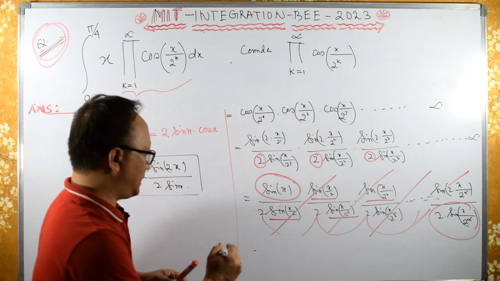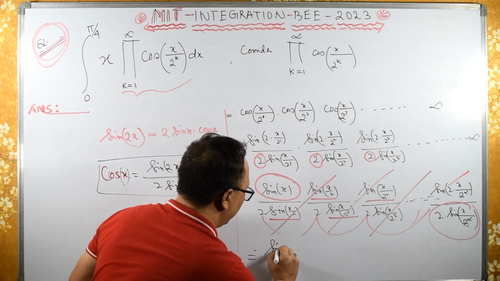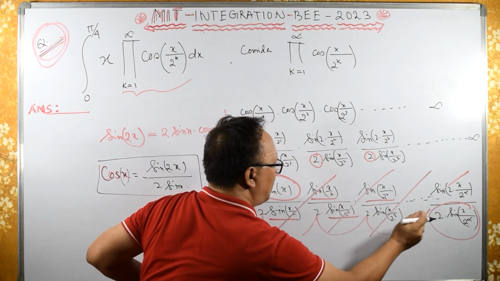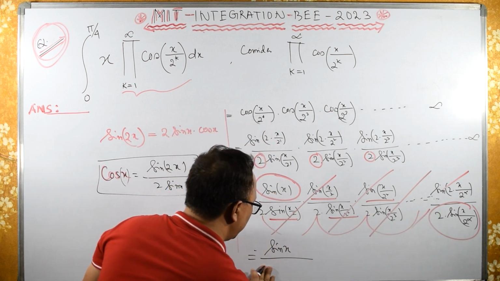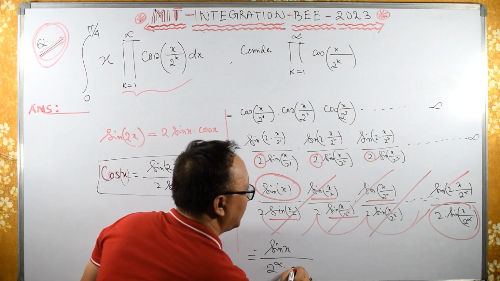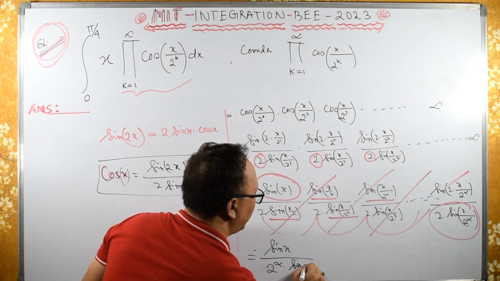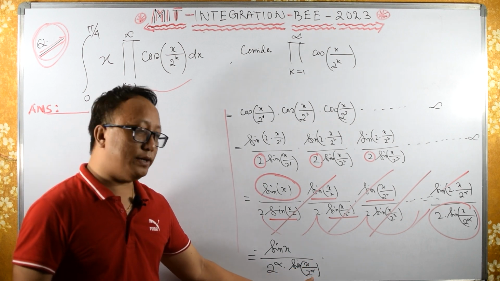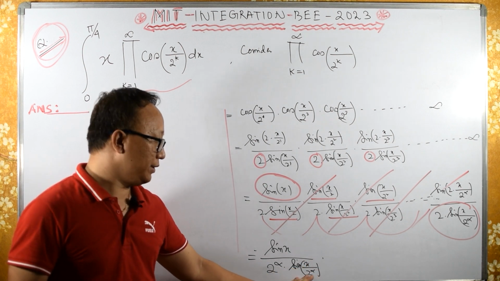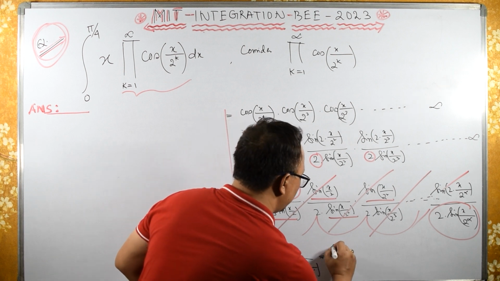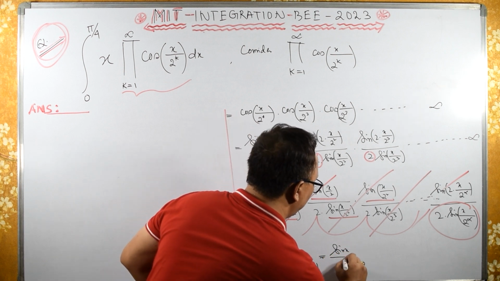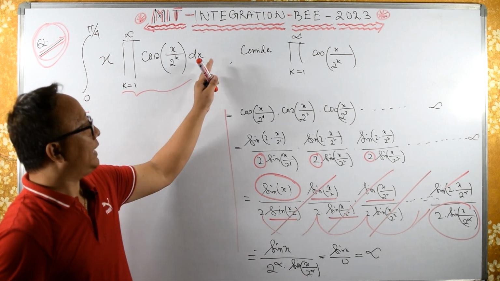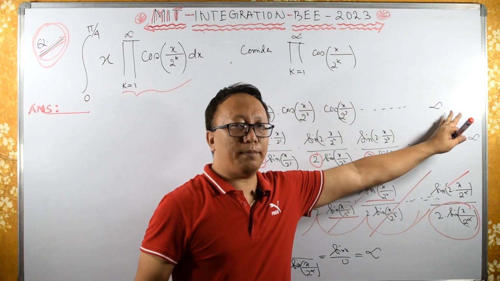So this equals sine of x upon 2 raised to infinity into sine of x upon 2 raised to infinity. Sine of x upon 2 raised to infinity becomes 0, so sine 0 is 0. Therefore, sine of x upon 0 becomes infinity.